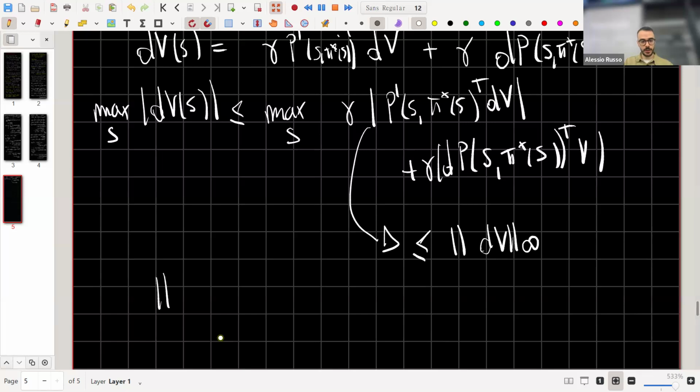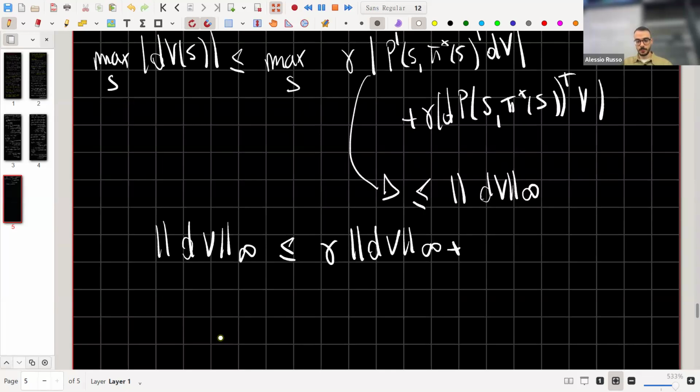So we have just shown that dV in infinity norm is lower bounded by gamma times the infinity norm of dV, plus max over S of gamma times the absolute value of dp S pi star of S, transpose V.